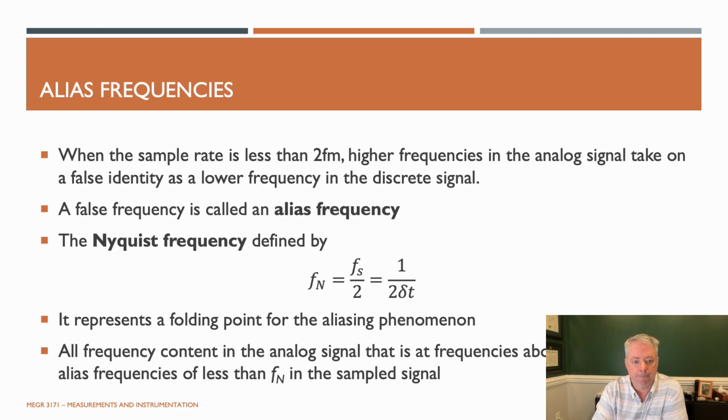And the Nyquist frequency is defined as half the sampling rate. And this is really a critical value, and it represents a point for where values will fold over and create this aliasing phenomenon.